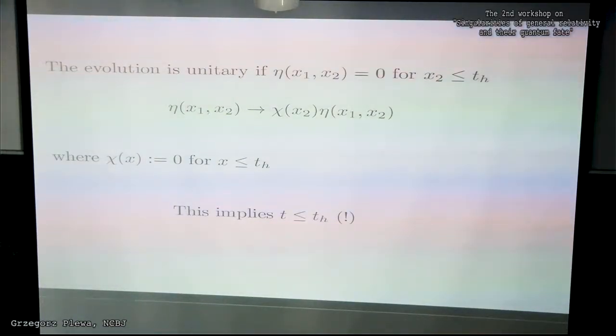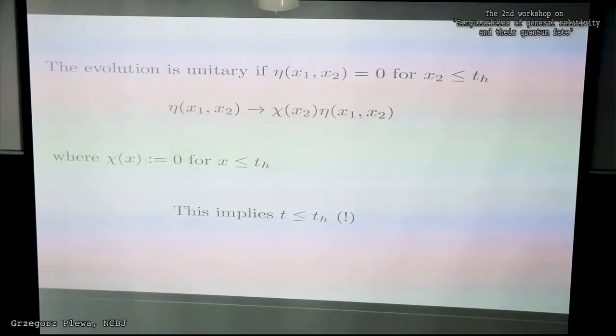Another thing which has to be done was mentioned in the previous talk, namely the condition that the eta function should vanish when x2 is smaller than a fixed parameter, th.